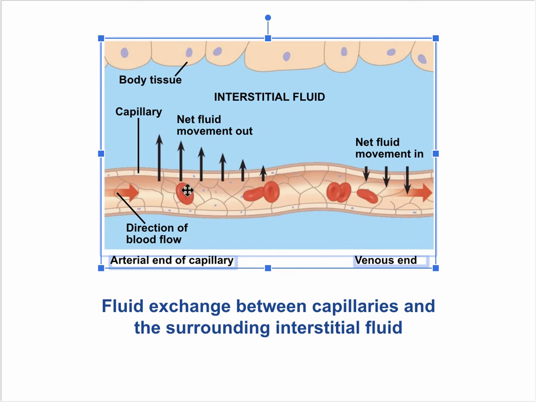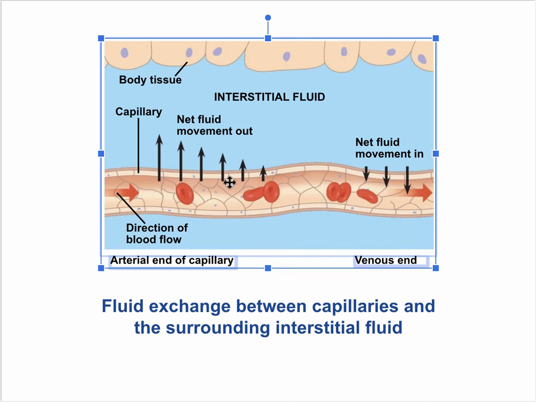So as the blood enters the capillary, and in this picture that is from left to right, the arterial end of the capillary, the blood is being pushed in under higher pressure coming from that artery. The pressure is high enough so that the tiny gaps between the cells making up the wall of the capillary will allow a little bit of the fluid of the blood to leak out.